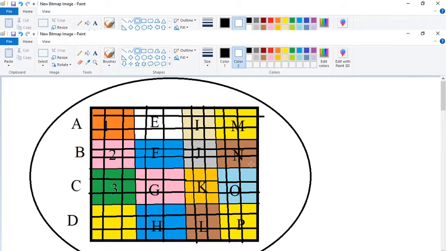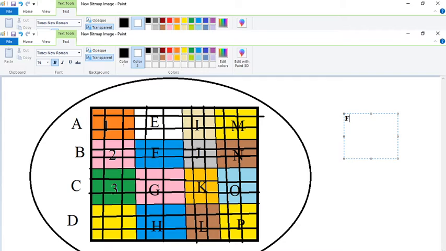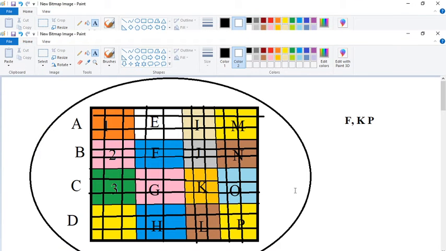Suppose this area is uniformly distributed, so we are taking only grid F, grid K and grid P. We are only taking the three grids for the sample survey. Okay, three grids: grid F, grid K and grid P.